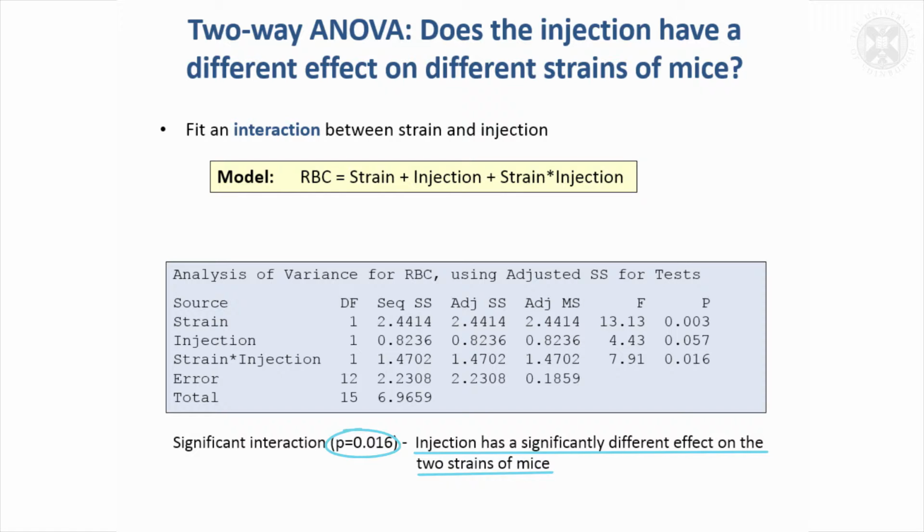So that's actually a very interesting finding for this study. Although on average over the 2 strains the injection effect wasn't significant, we are finding that we've got enough evidence to say that the effect size was different between the 2 strains of mice, and we'll want to go on and find out which strain there was a bigger difference for and whether that was actually significant.